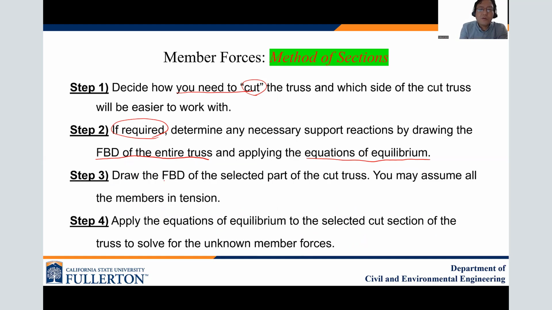Step 3 is to draw the free body diagram of the selected part of the cut truss. You may assume all members in tension once again. Then step 4 is to apply the equations of equilibrium to the selected cut section of the truss to solve for the unknown member forces.